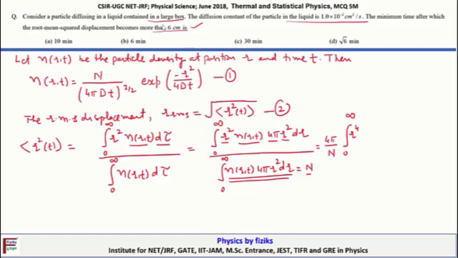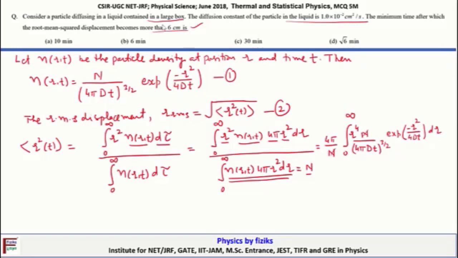So n(r,t) is this expression 1: n divided by (4 pi Dt) power 3 by 2, and then the exponential factor, exponential minus r square divided by 4Dt, and then dr. Some of the terms will cancel with each other, like n.